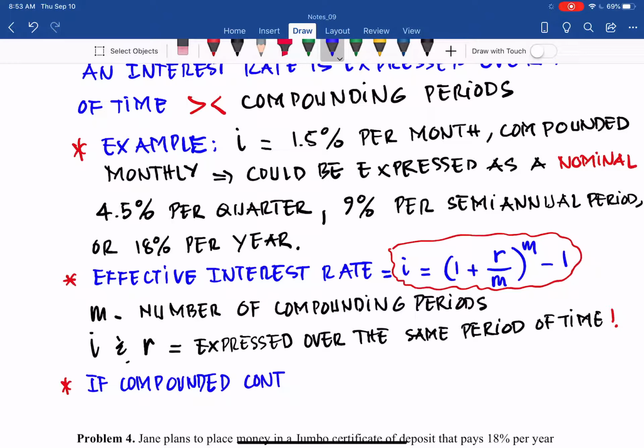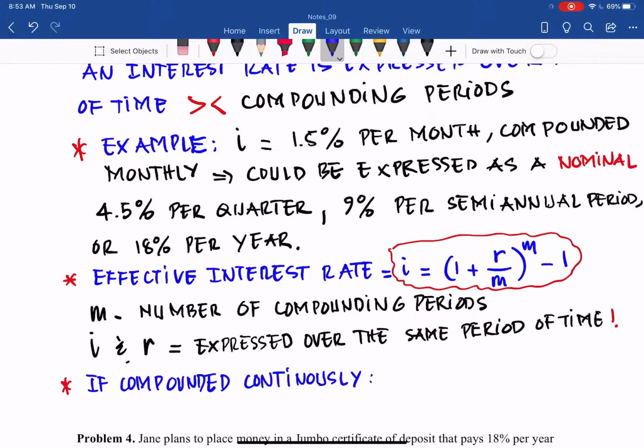This means not every second, but every very small part of time, so we call it continuous. How can we find the effective rate here? The number of compounding periods goes to infinity for any interest rate. So with M going to infinity, we can't simply plug infinity into the calculator.